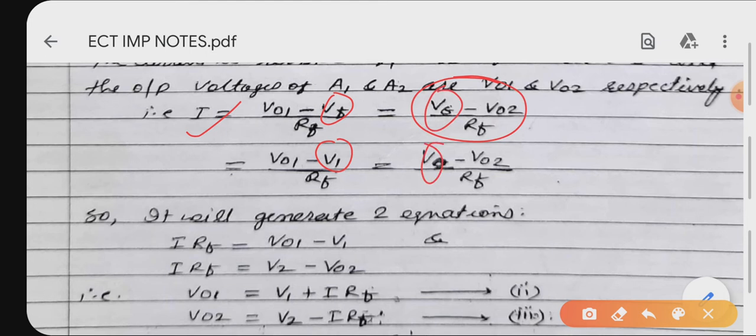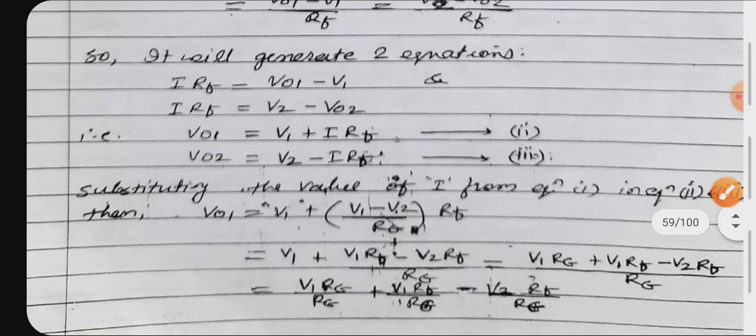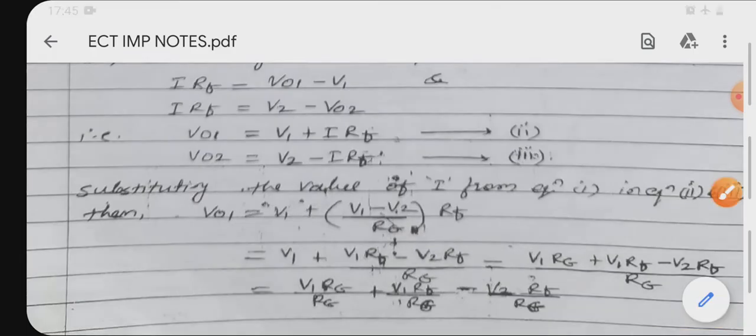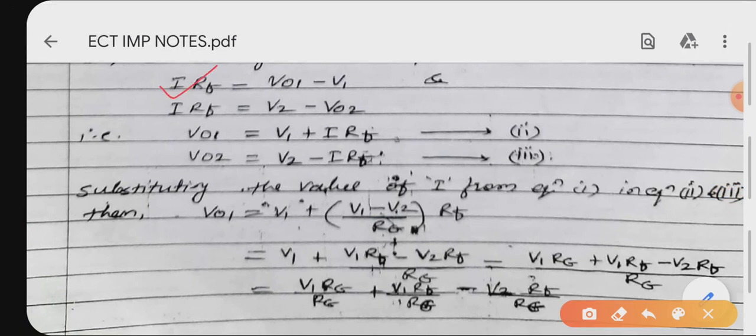So we can write down these two equations, which give us IRf is equal to VO1 minus V1, and IRf is equal to V2 minus VO2. These are equation numbers 2 and 3.